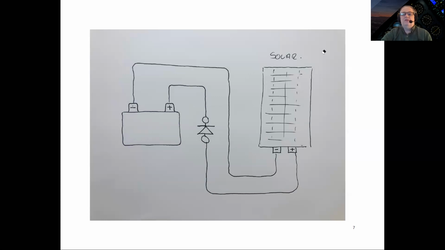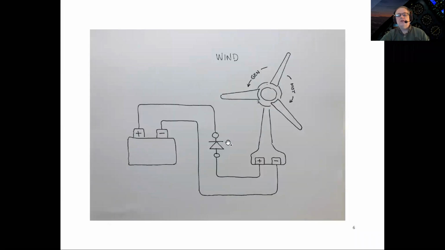All right. Now let's take a look at the next example. All right, wind generation. Here we've shown a wind turbine, and what happens is that usually this wind turbine is generating AC voltage, and then it's normally rectified down to your positive and negative DC.